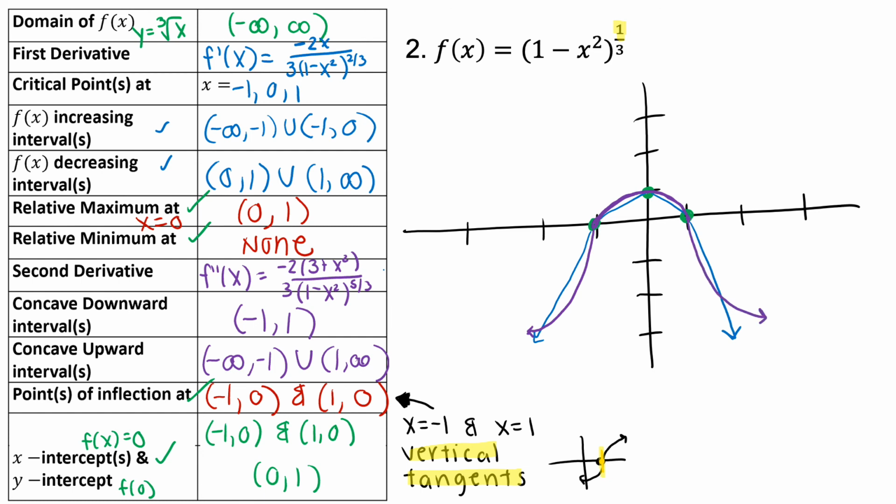So when we go to do that, we want to make sure that we draw these as vertical tangents. Whoops. Let me try again. And hopefully we see that what we have here is that vertical tangent.